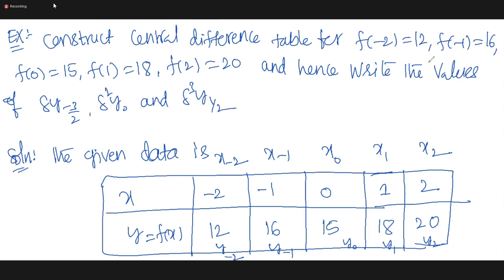The corresponding y values are 12, 16, 15, 18, 20. Let x naught be equal to 0.